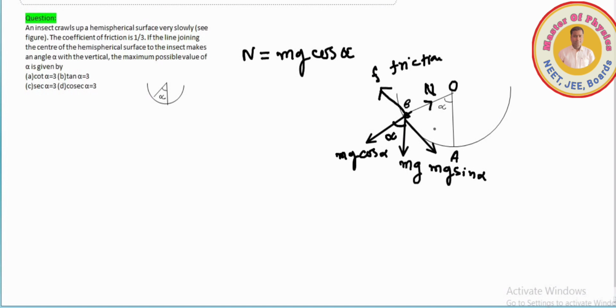With the increase of the angle alpha, mg sin alpha increases and also the friction force F increases. When the limiting friction is attained, we can write F equal to mg sin alpha. This is the limiting friction or maximum friction, and we know F equal to mu N equal to mg sin alpha.